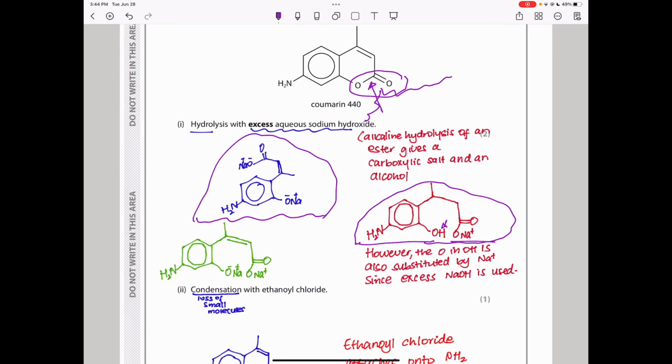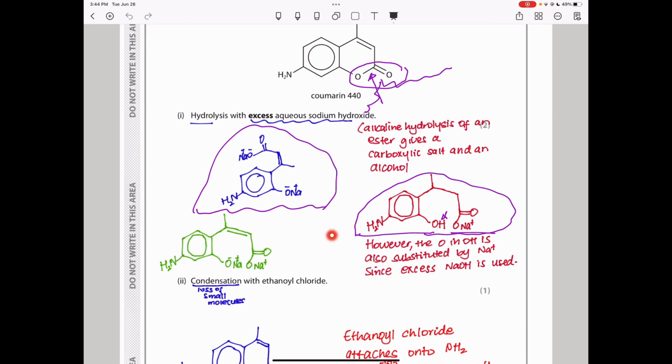That is why I say that. And again, you have to read through some of the notes I've written here. If it was just normal without excess, you could produce a structure like this. But because we used excess, the sodium is going to replace the hydrogen of the OH. So the oxygen will remain, but the sodium is going to bind onto the oxygen, producing a salt, you can see here. And then on the other side, we'll have that. So the structure will be like that, or this is going to be replaced by a sodium as well. This is basically it, drawn in that same form.